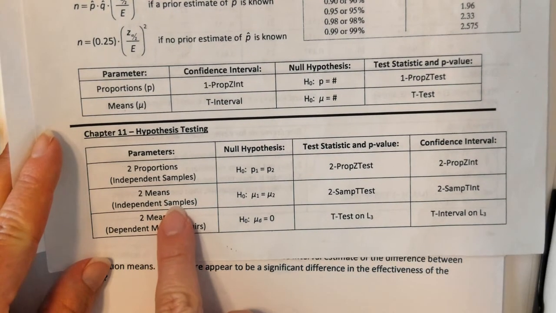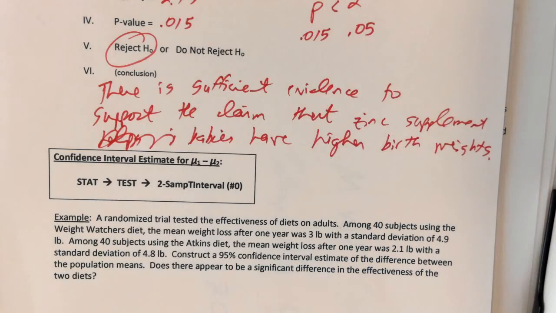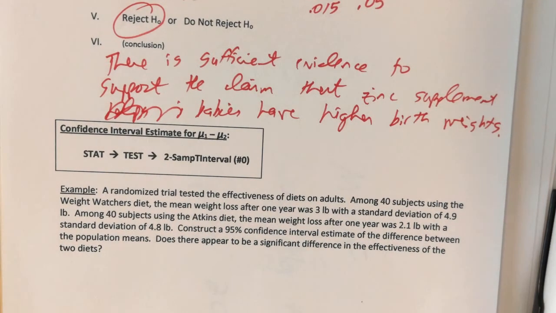So if you're doing a confidence interval for 2 mean samples, you pick 2-SampTInt for your confidence interval. Okay? A randomized trial tested the effectiveness of diets on adults.